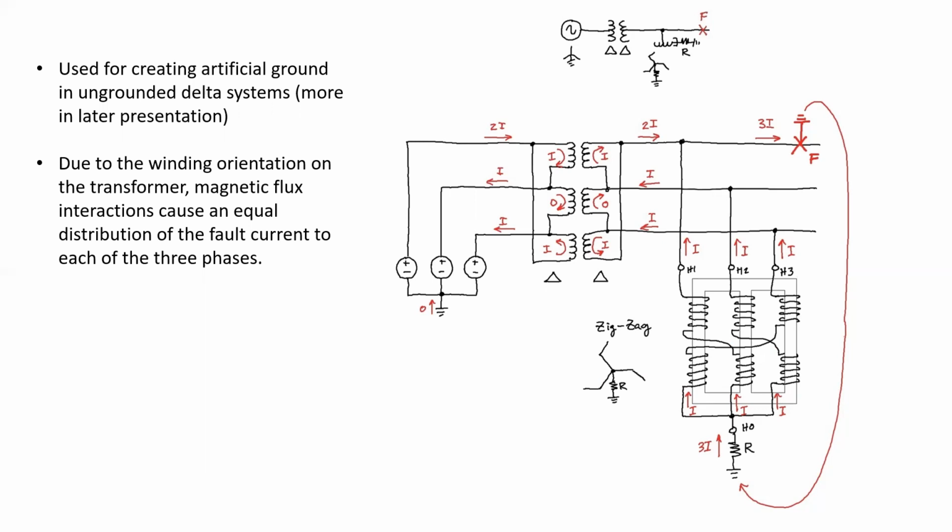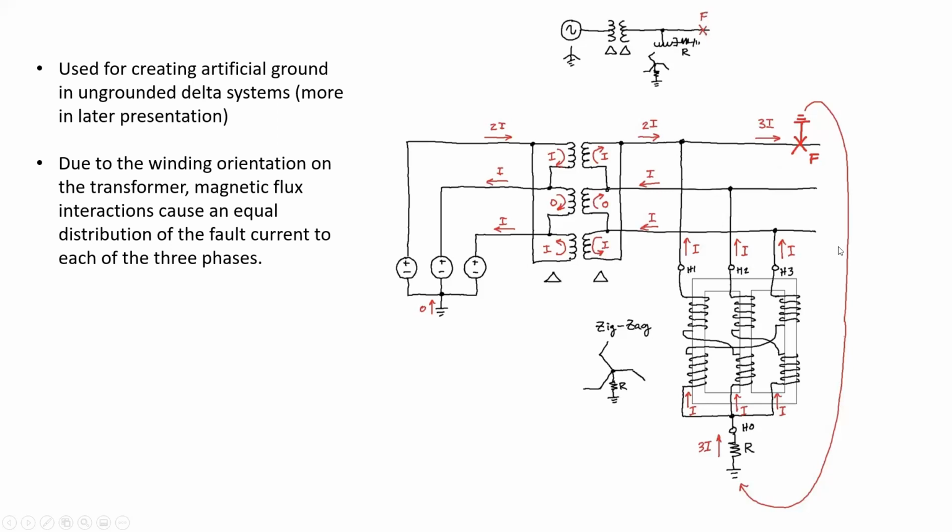And by doing this, we allow for a reduction in the spiking voltages that can take place when we have a fault on an ungrounded system, as well as reduce some of the harmonics that are sometimes generated. So due to the winding orientation on the transformer, the magnetic flux interactions cause an equal distribution of the fault current to each of the three phases. So kind of an interesting application here.